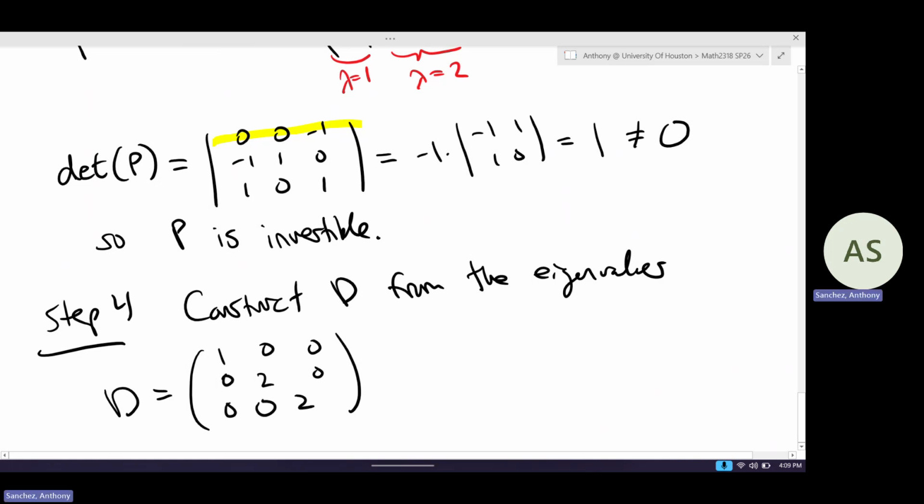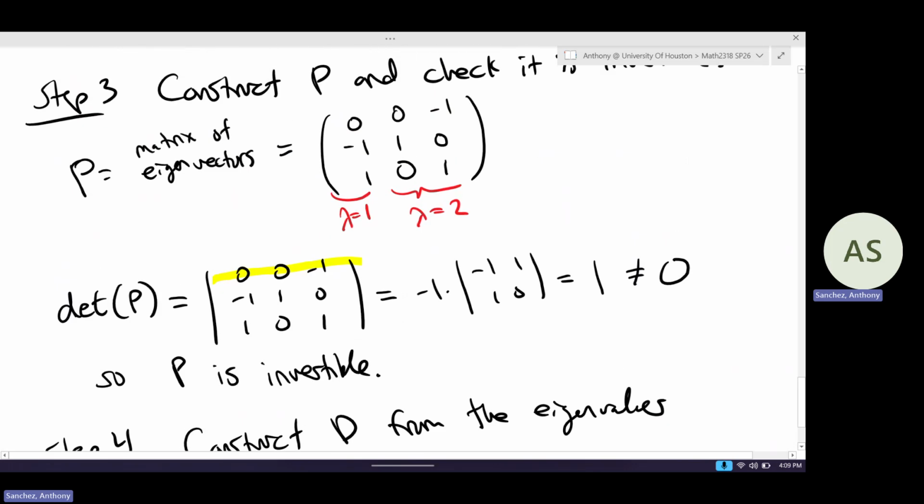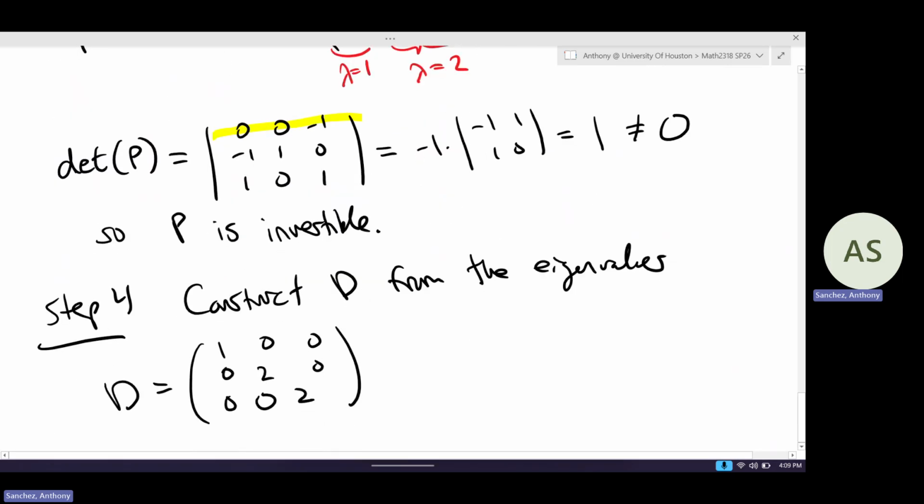And notice that I'm keeping the order of D in the same order that I put P. In P, I put the lambda equal to 1 eigenvector first, and then the lambda equal to 2 eigenvectors. So I'm forced to put lambda equal to 1 first, and then lambda equal to 2 and lambda equal to 2 in the second and third diagonal entries.